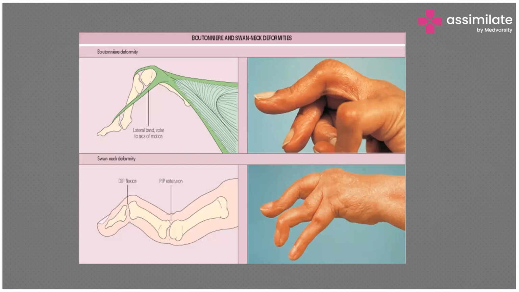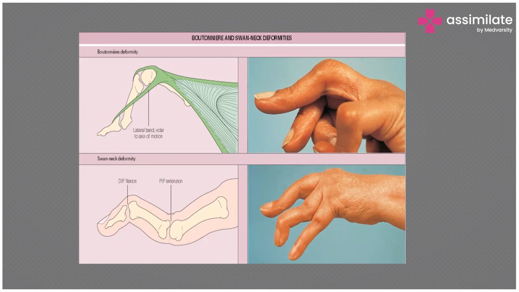See the pictures carefully. What do you see here? There are two types of deformities you can see. This is boutonniere deformity and a swan neck deformity.